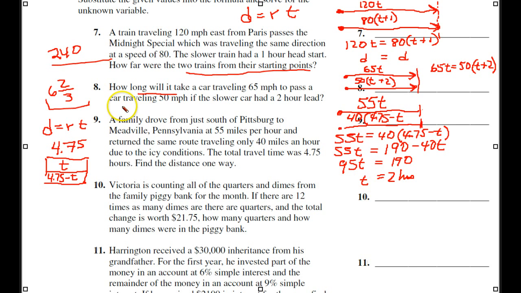Now, in example 9, kind of a little tricky, and it did take me a little while working on it too, but here's the summary. So they're driving 55 miles an hour one way, 45 miles back because of icy conditions. Total travel time is this. Now, find the distance one way.